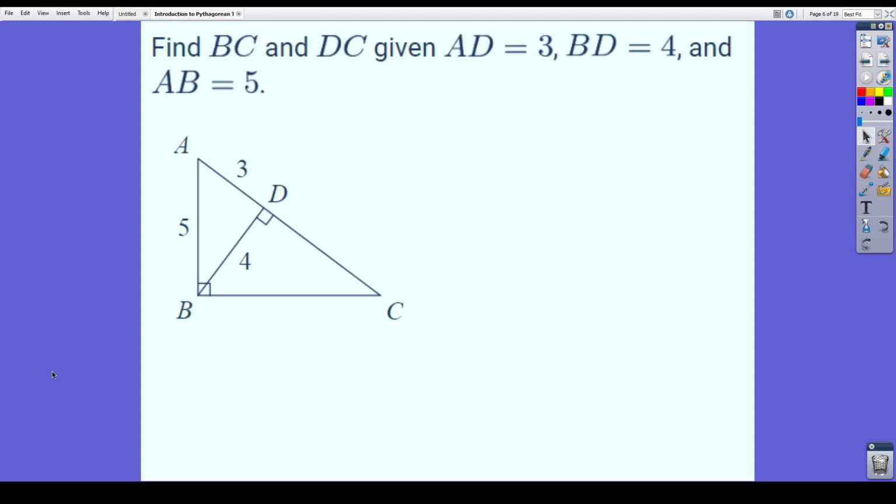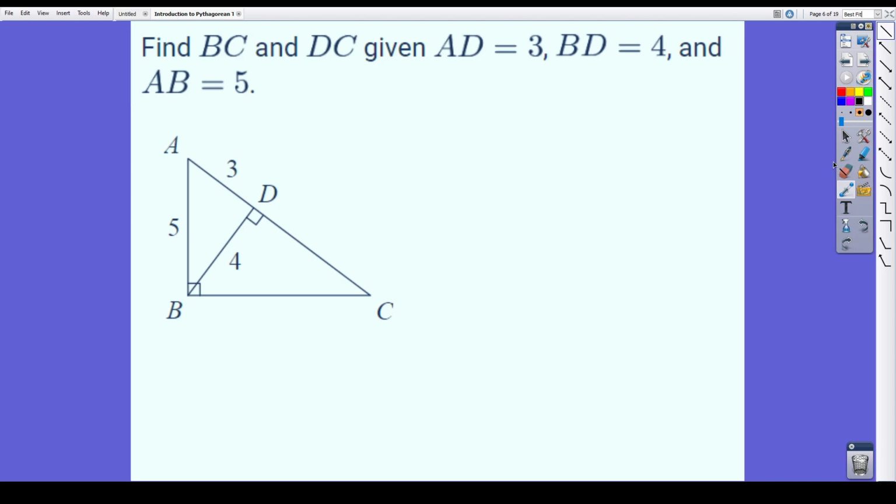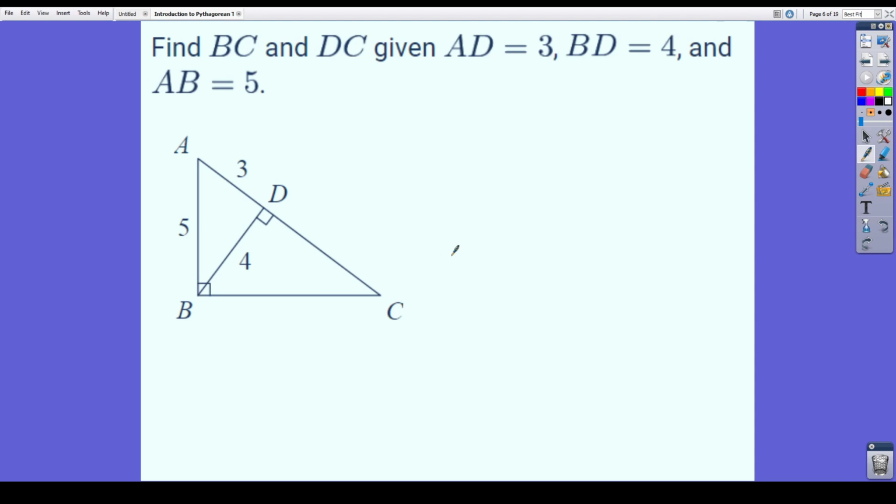Now, if you notice in this problem, there are three distinct triangles: ABC, ADB, and BDC. And sometimes when we're doing these problems, it helps to separate the triangles into separate pieces.